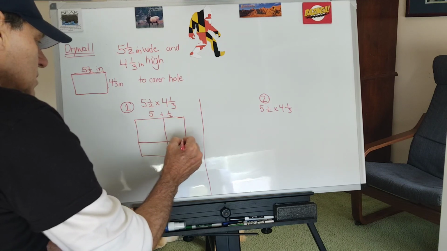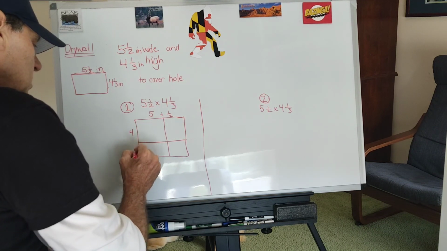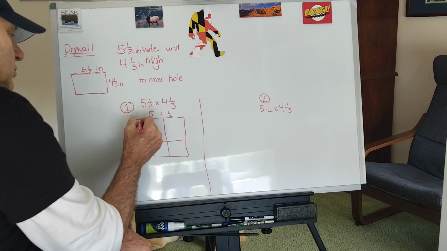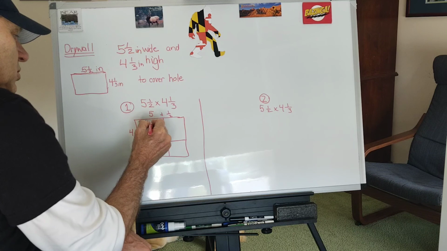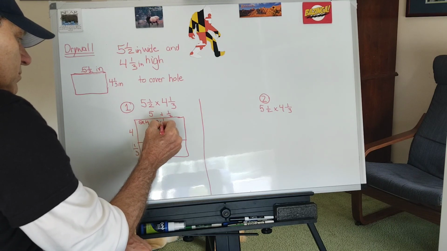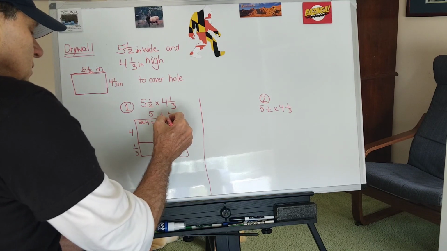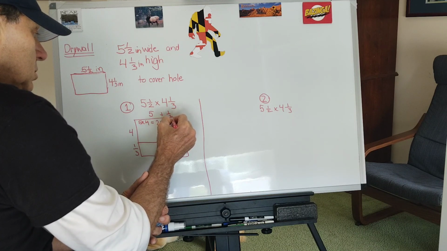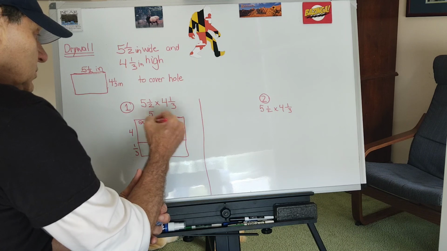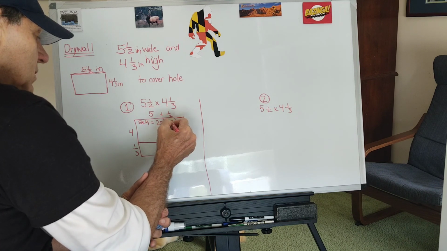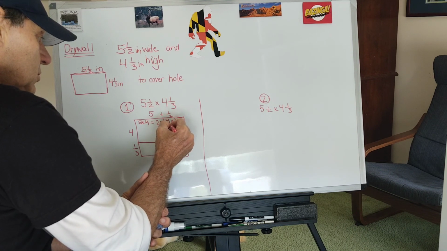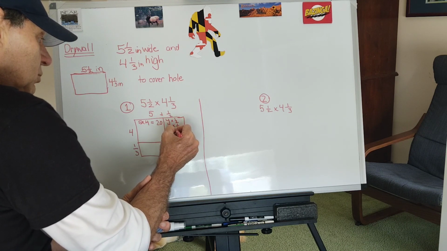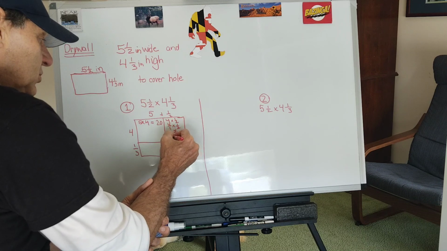and 4 1/3. So I would do 5 times 4, which we know is 20. Now I would have to do 4 times 1/2, which we know I have to change into 4 wholes times 1/2, which equals 4 halves, which equals 2.